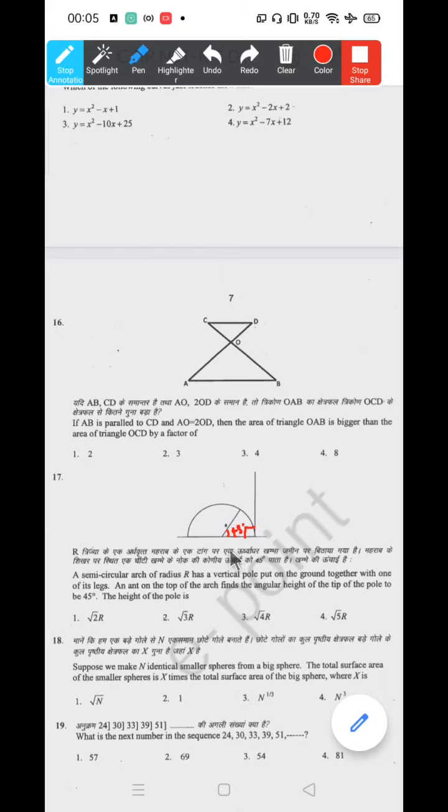So if it is 45 degree, no, actually we want to find the height of.